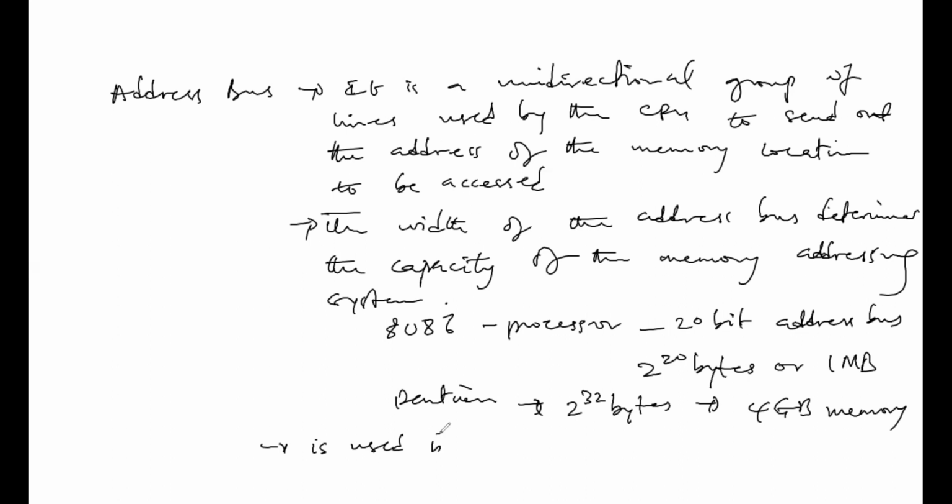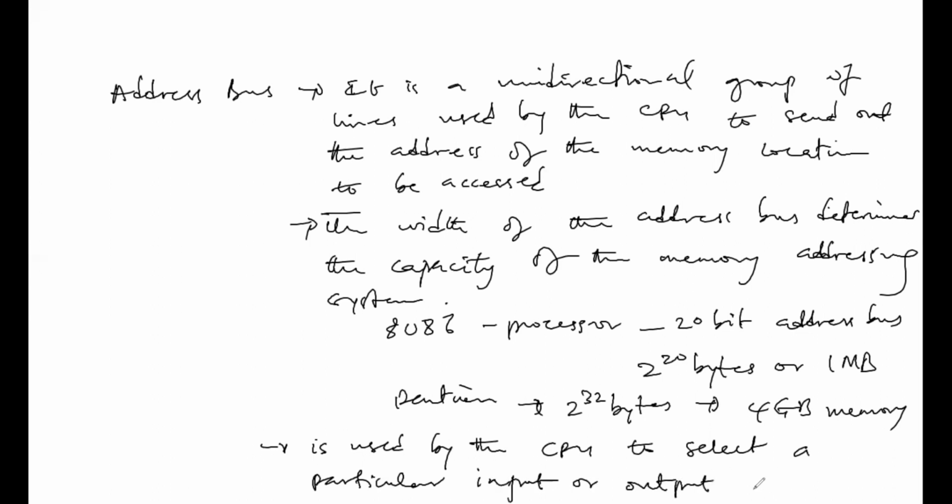Okay. So also the address bus is used by the CPU to select a particular input or output port. Then we have the data bus.